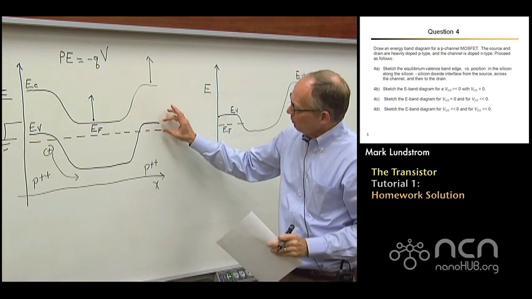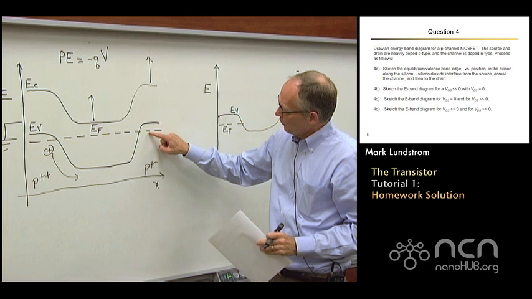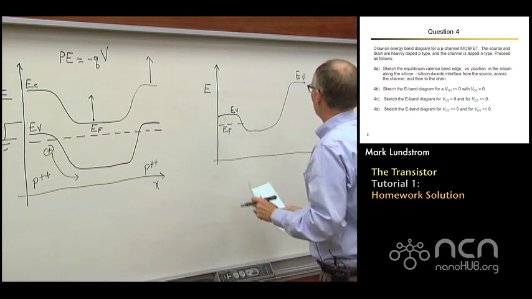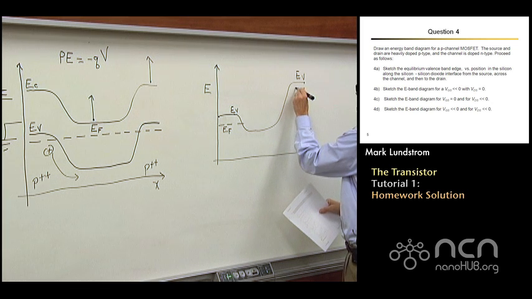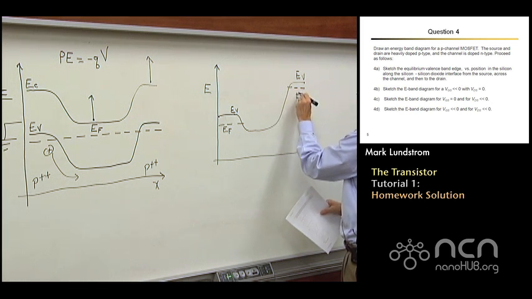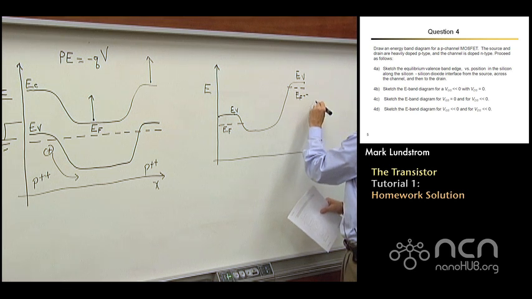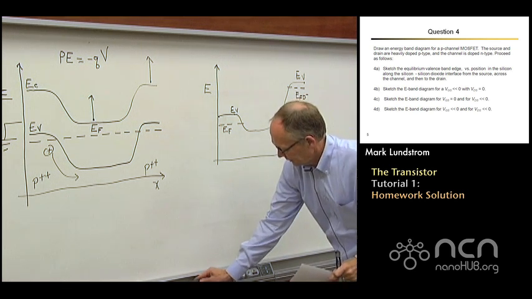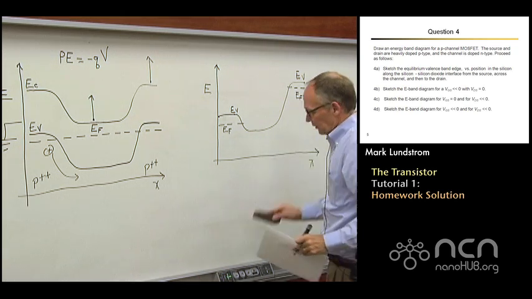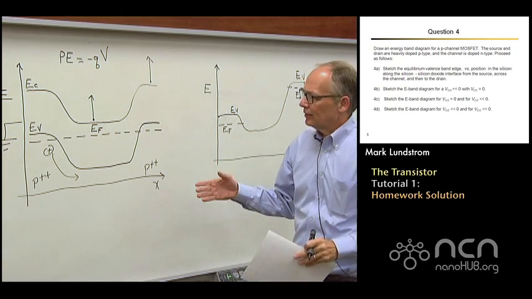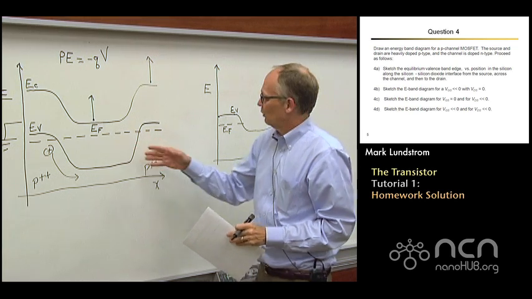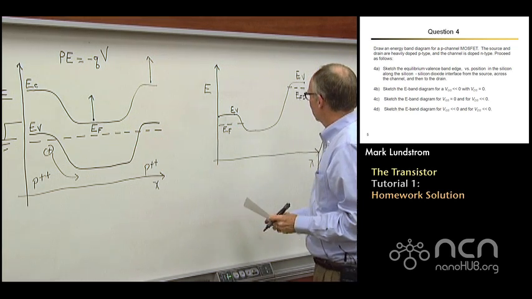If the drain is heavily doped p-type, then its Fermi energy will be the same distance below the valence band as it was in equilibrium. And we'll have a Fermi level in the drain that is different than the Fermi level in the source. Okay? So that's how we can tell that the semiconductor is out of equilibrium, because the Fermi level is no longer constant.